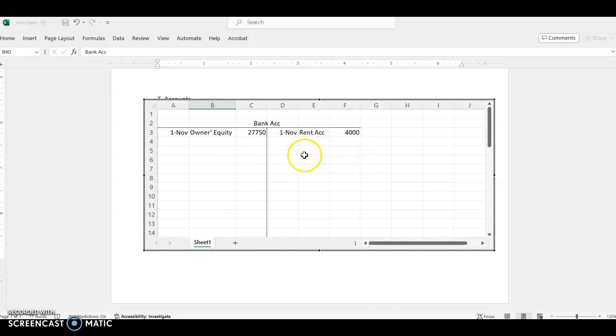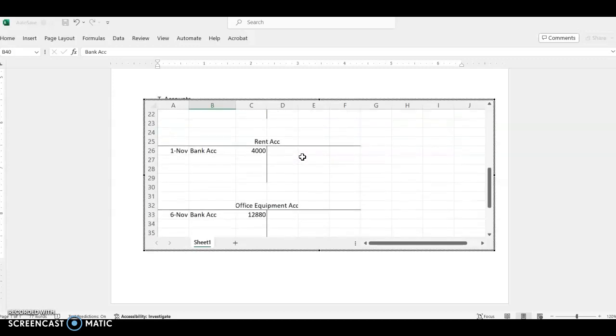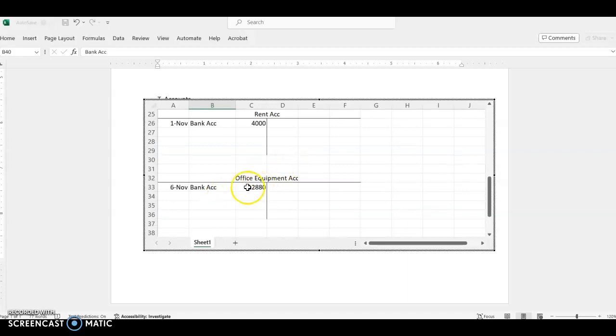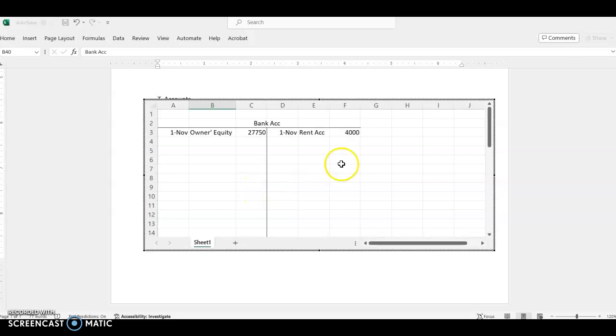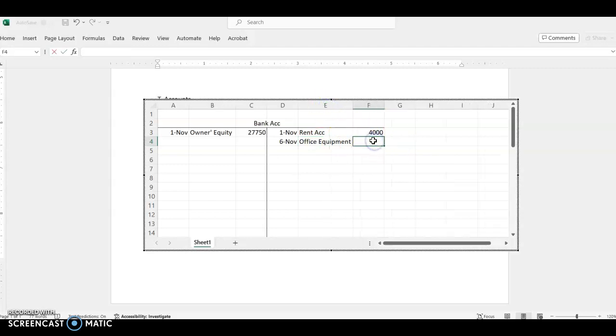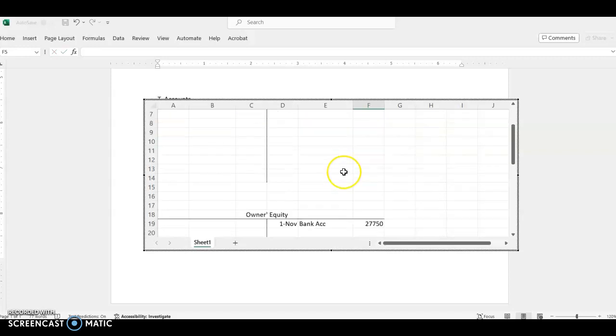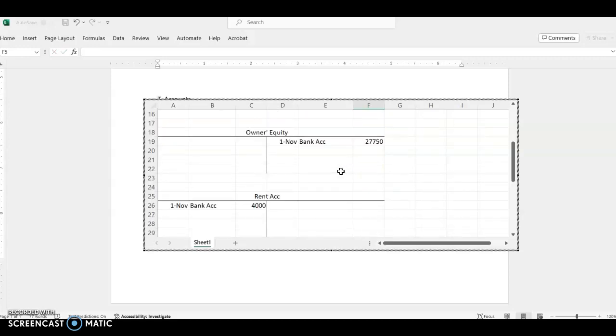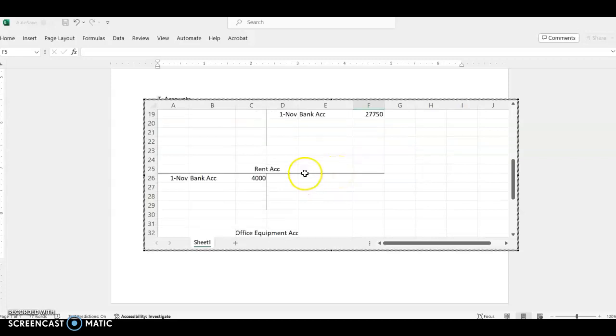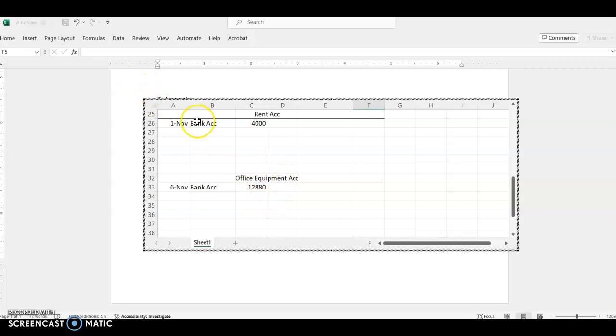Bank account 4,000. Bank account, November 6, office equipment. Truck. Okay, done with this one.